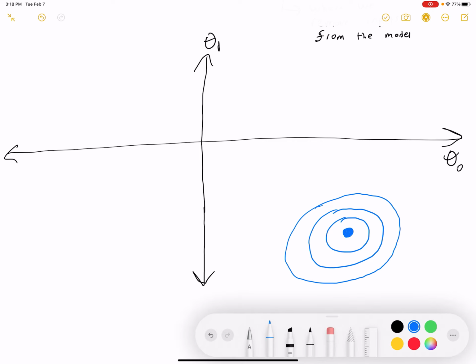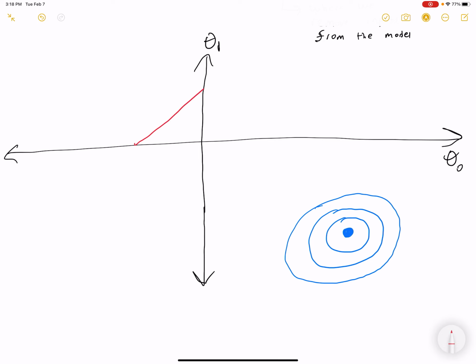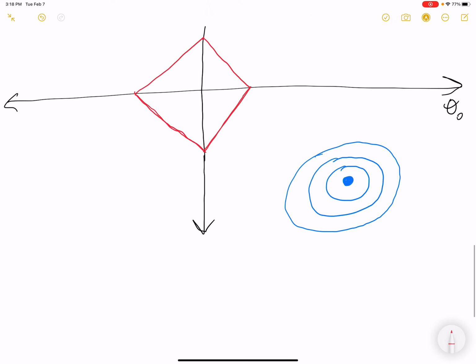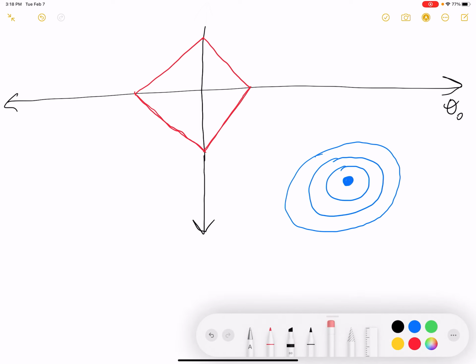But what the L1 and L2 constraints do is basically require that theta 0 and theta 1 are as low as possible. So what I'm drawing here, let me redraw this. I meant to draw a diamond, but that's not.